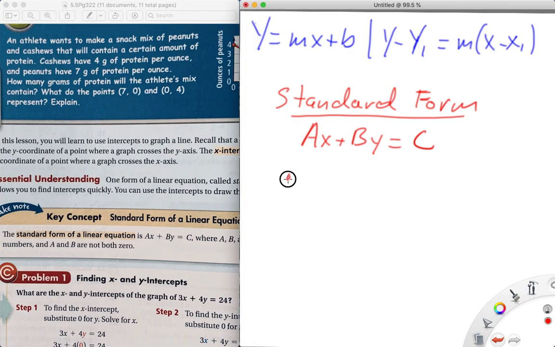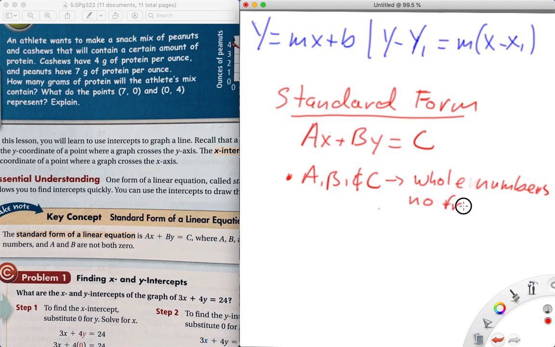So I'll say this: a, b, and c are whole numbers, meaning no fractions, no decimals. That's number one.